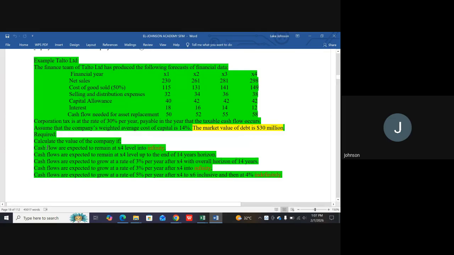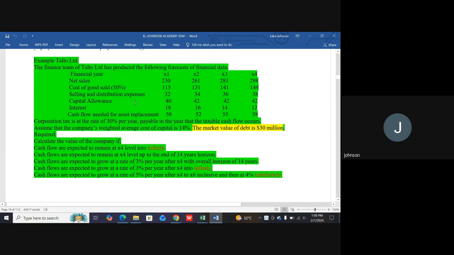If you look at this question, they gave us a weighted cost of capital of 14%. Whenever you are looking at free cash flows to the whole company, the best discount factor to use is a weighted average cost of capital that considers the risk of the total investment.